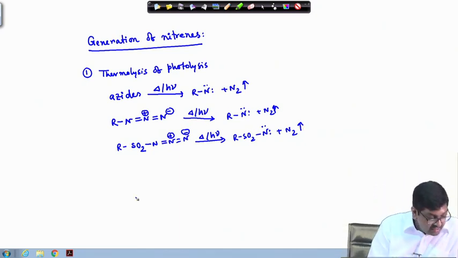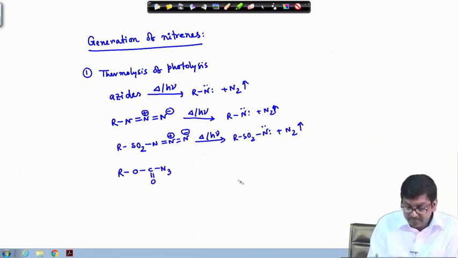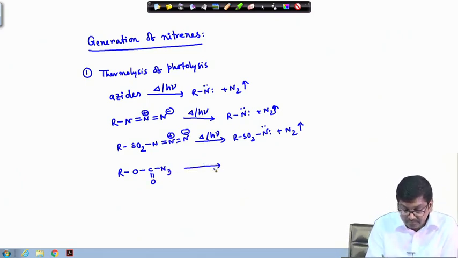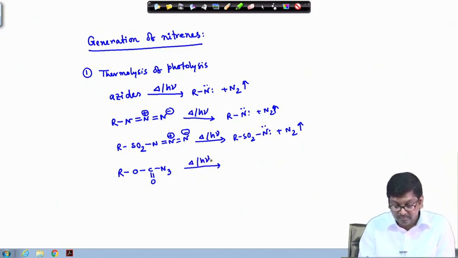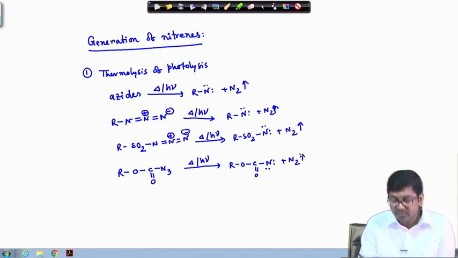Okay. Similarly, if you take alkyl azidoformate as starting material, this will also generate the carboalkoxynitrene with nitrogen elimination.